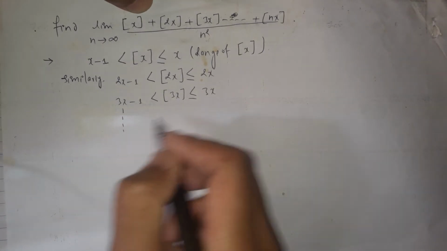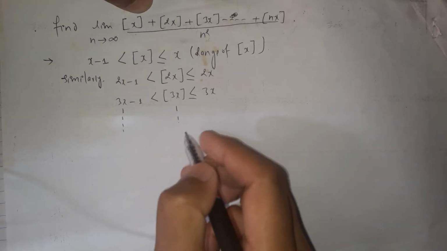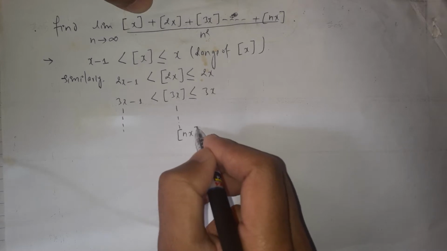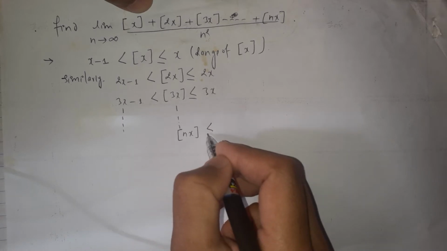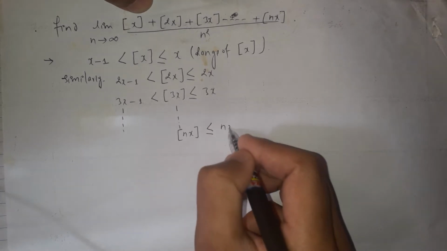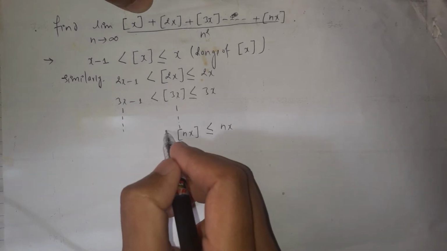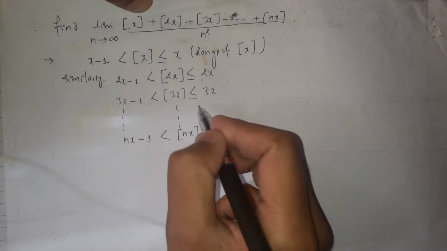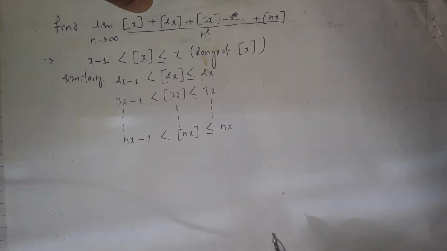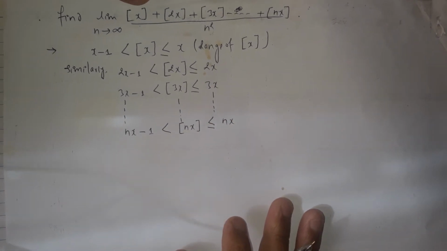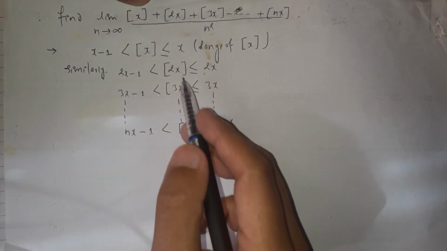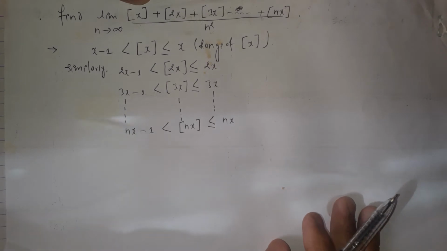And similarly, the greatest integer of nx is less than or equal to n times x, and it is greater than n times x minus 1. Here we take the range of the greatest integer function, and then we generalize it.